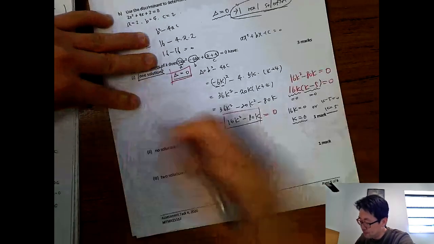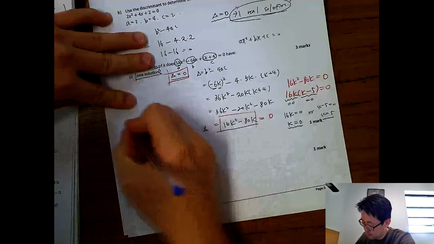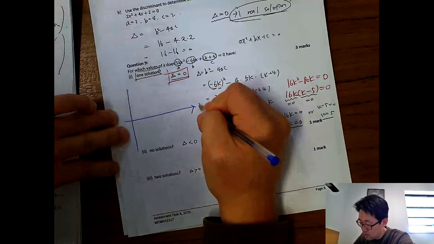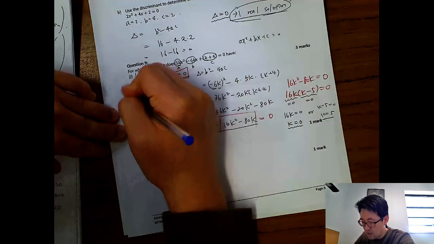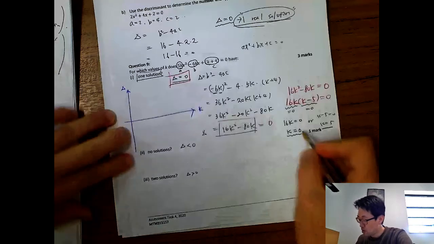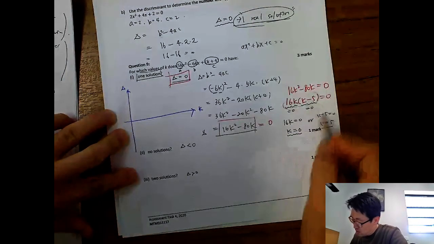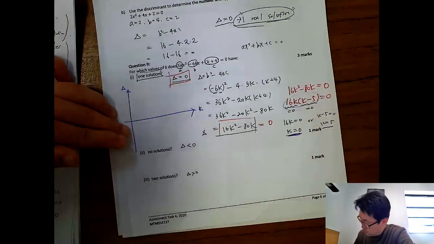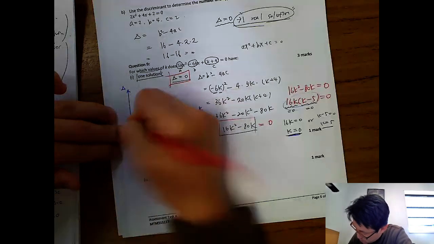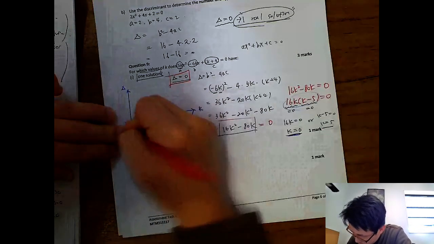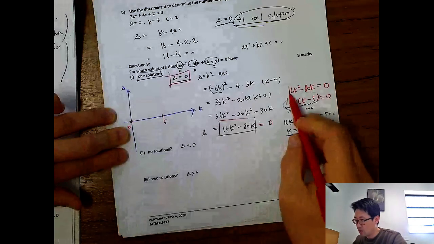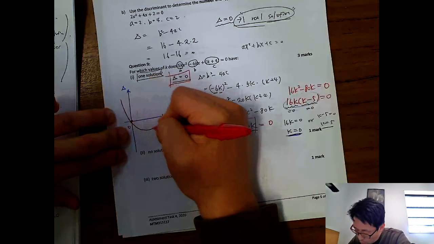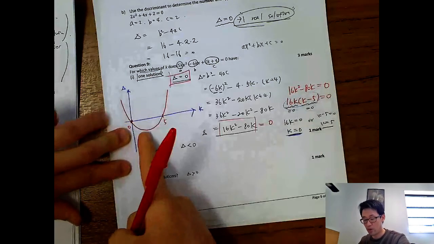So this is the k we put in, and that's the result of the discriminant. I'll draw this one. When k is 0 and 5, it's a quadratic, so it always looks like this.